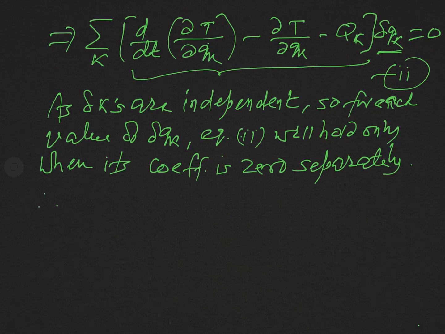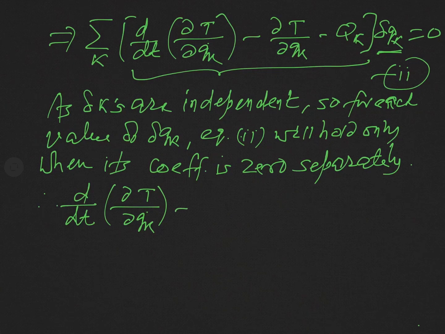And therefore our result will be d dt of del T by del qk dot, remember qk dot is generalized velocity, minus del T by del qk, minus Qk, equal to 0.